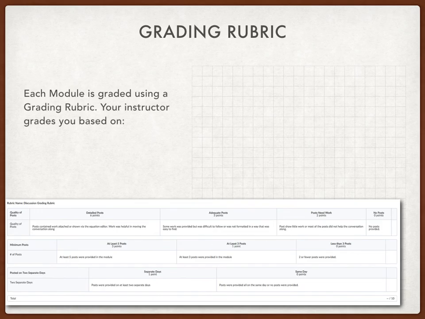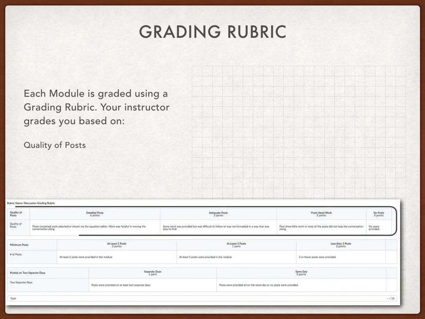Each module is graded using a grading rubric. Your instructor grades you based on the following criteria. Quality of posts. Your instructor will look at your posts to see if they are detailed and helpful and move the conversation along. Your instructor will provide 6 points if your posts are very helpful.